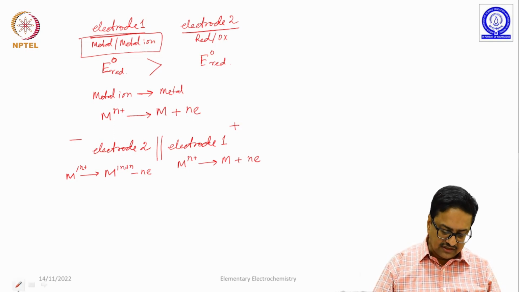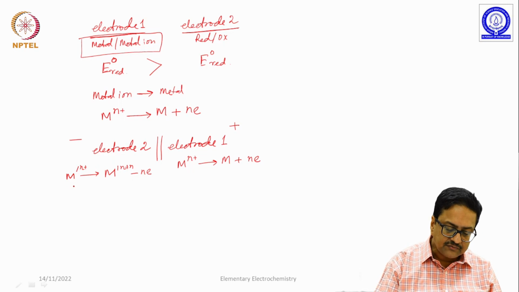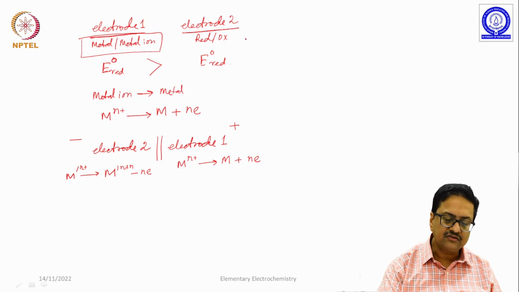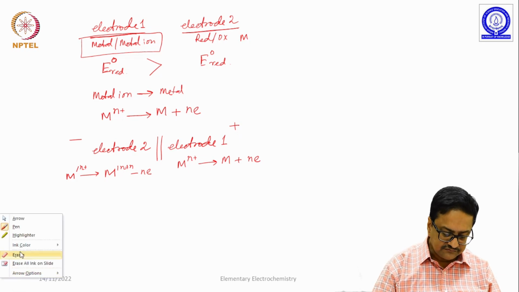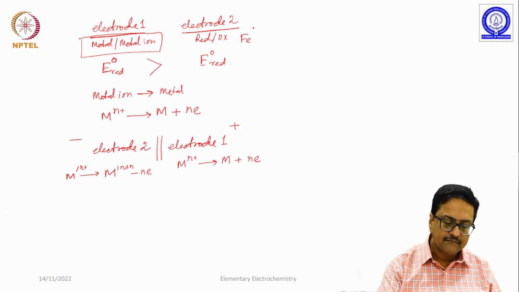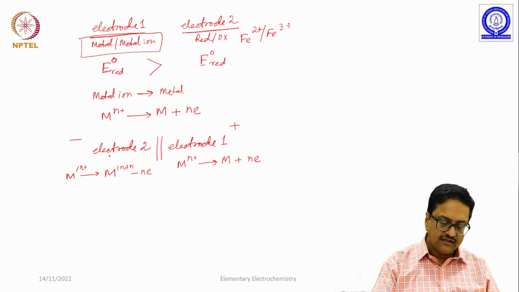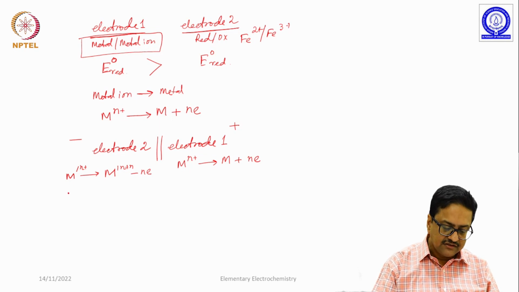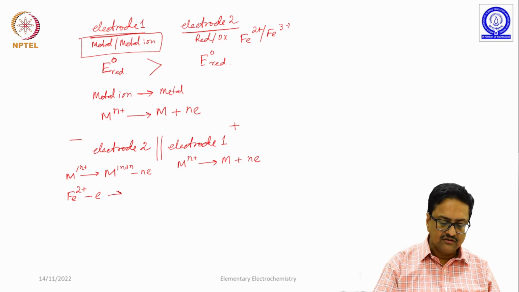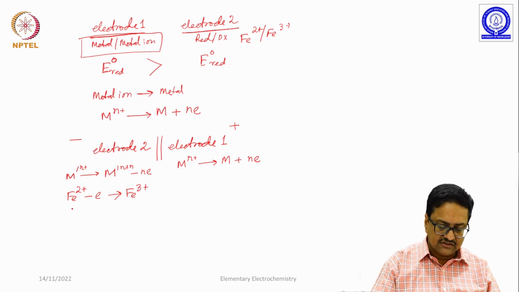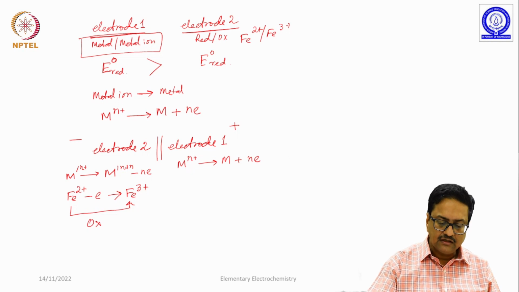So I think this may not be a very clear representation if we assume that this redox electrode is a ferrous-ferric system. Then at this electrode oxidation will take place. So Fe2 plus will release electrons at the electrode and will get oxidized to Fe3 plus. So this is the oxidation and this is the reduction that will take place.